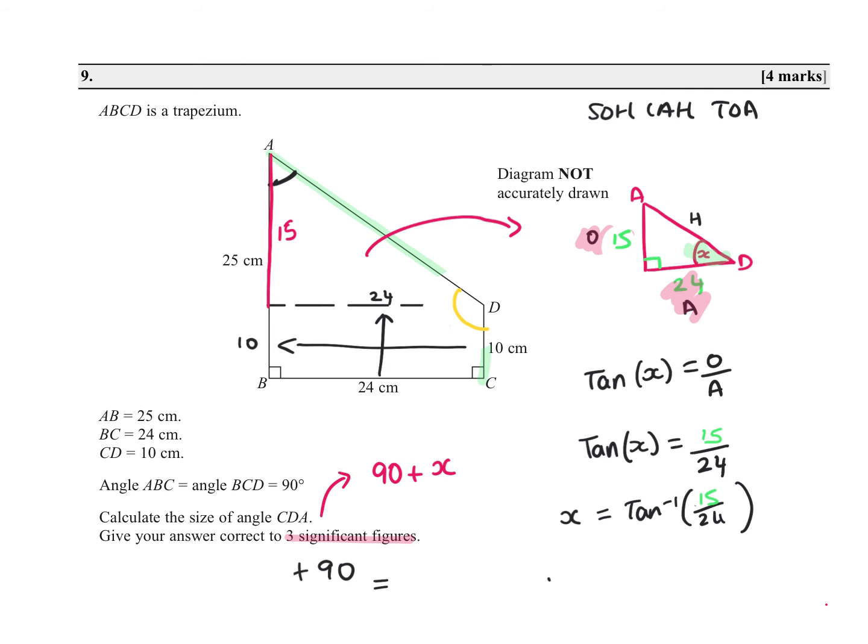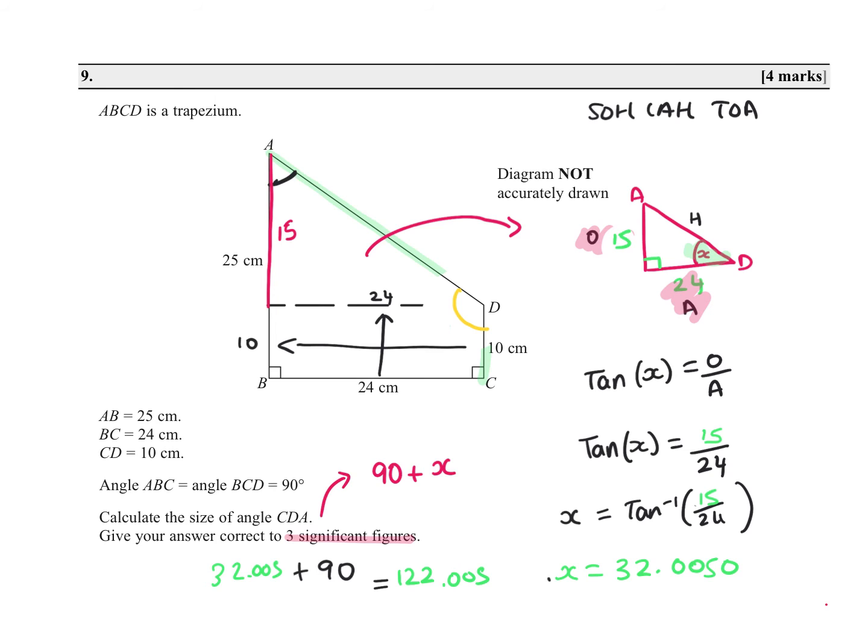Okay, so now shift tan 15 over 24, x equals 32.005 degrees. I'm going to add 90 to my answer, and I'm going to have 122.005.